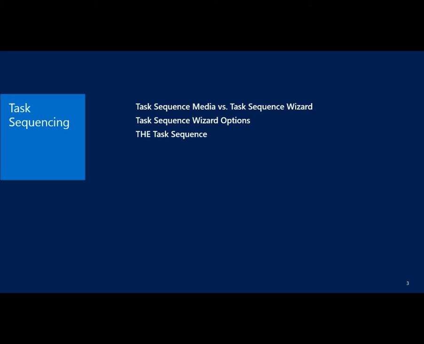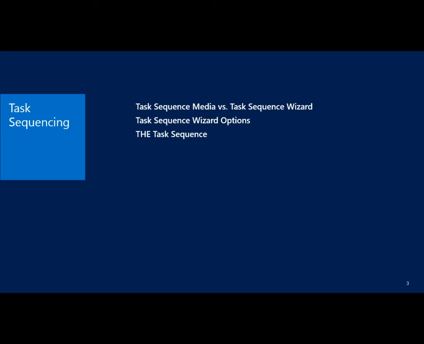So we'll look at those two items for sure, and then look at the elements of the task sequence, kind of walk through creating a basic task sequence and show what some of the elements are to actually get the image deployed that we created in the last session.